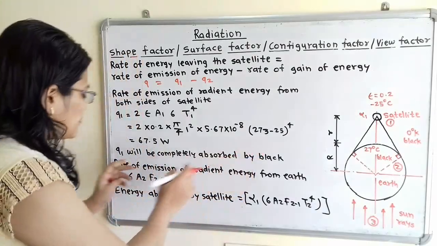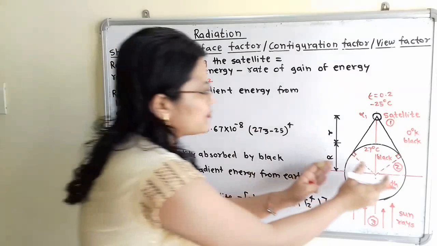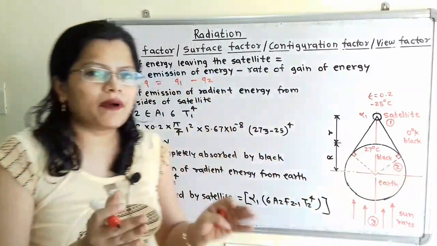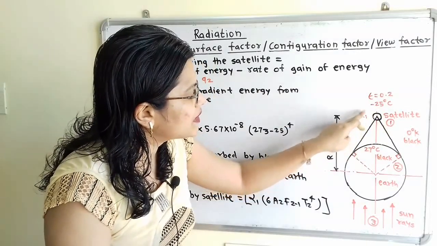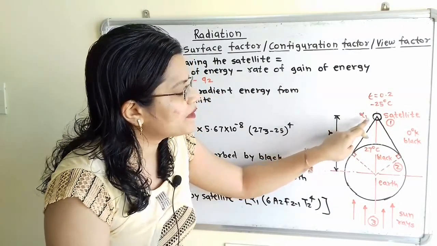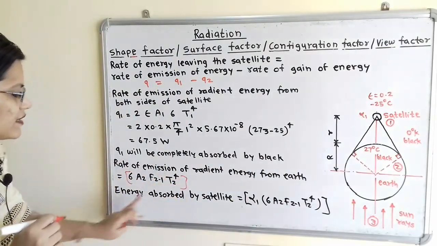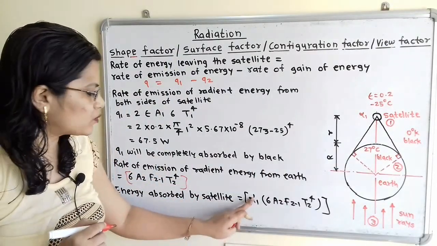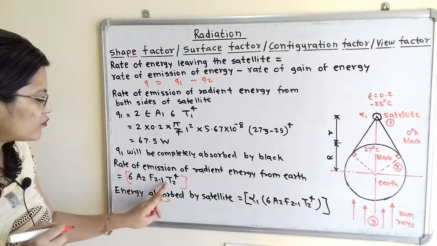So for this total emission of radiant energy from the earth, some amount is getting absorbed by the satellite when we multiply this whole equation by absorptivity alpha 1. So energy absorbed by satellite is equal to alpha 1 multiplied by sigma A2 F of 2 to 1 T2 raised to 4.